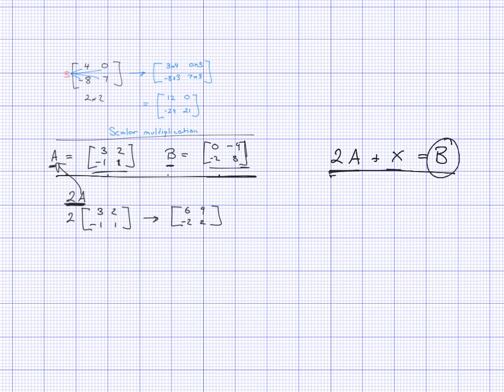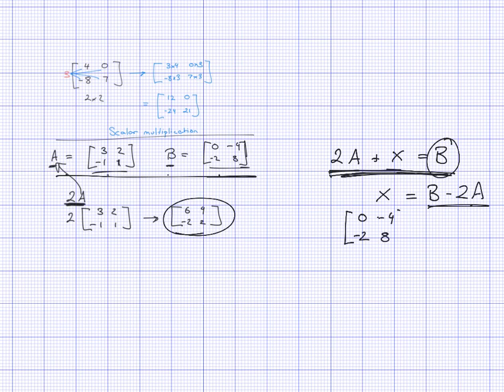So let's rearrange this linear equation to get X by itself. We see that X equals B take away 2A. We've already worked out what 2A is, so let's just go B take away 2A.